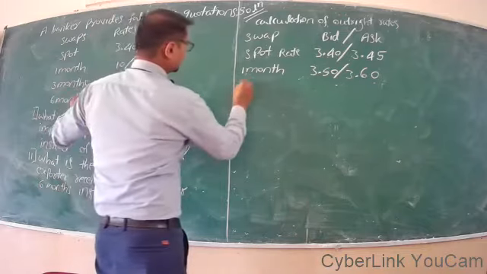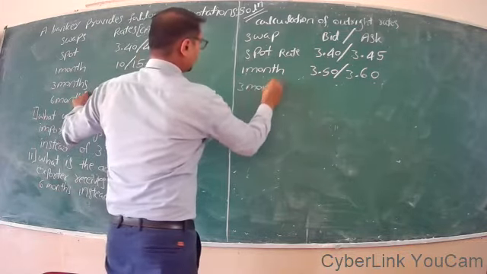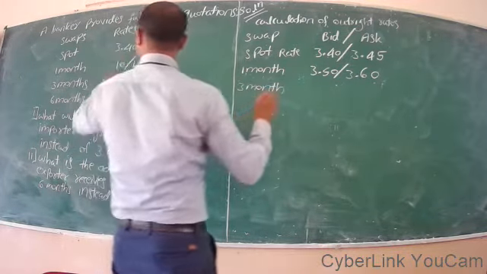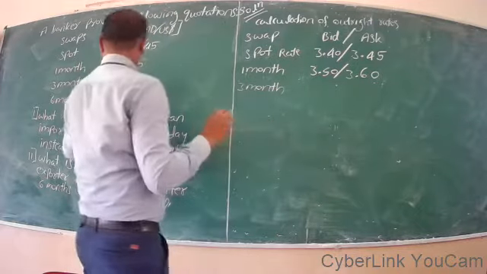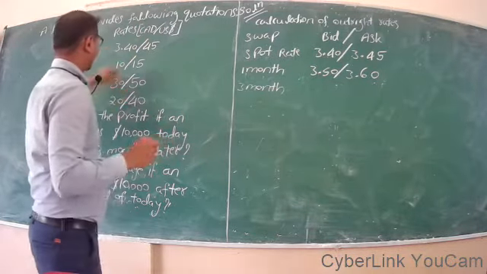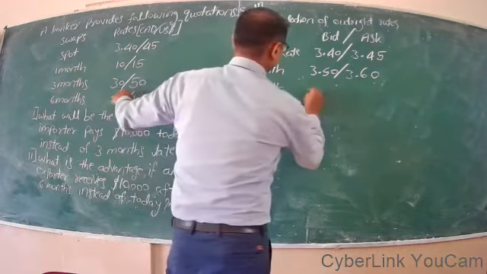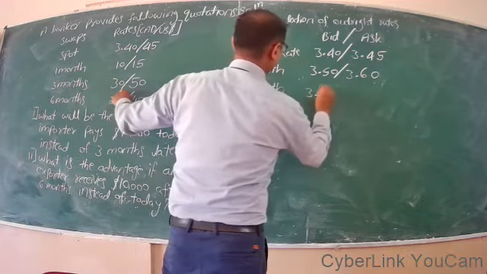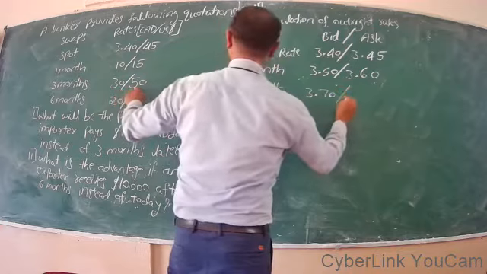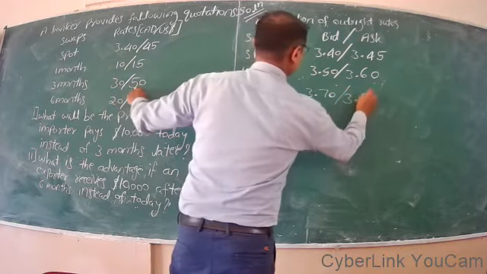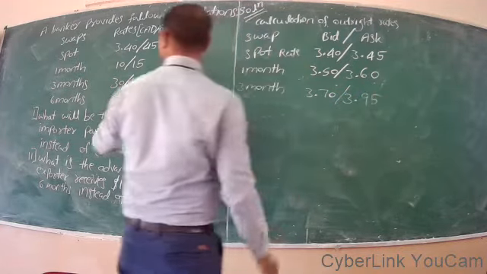And the 3 months swap points are again in increasing order, so we have to add them to the spot rate, right? 3.40 plus, 3.70 oblique 3.95.